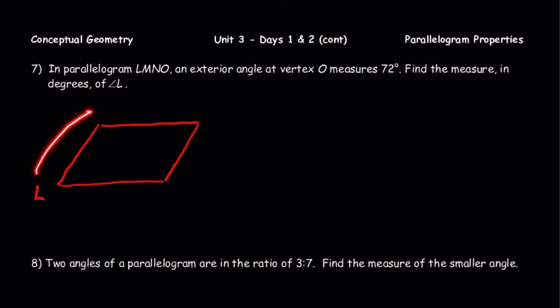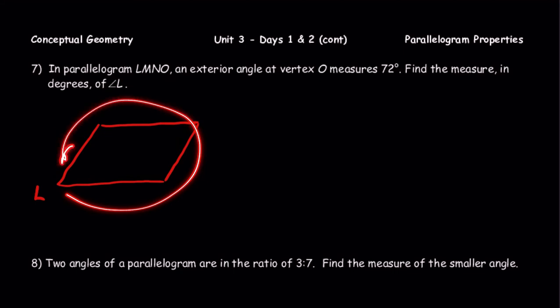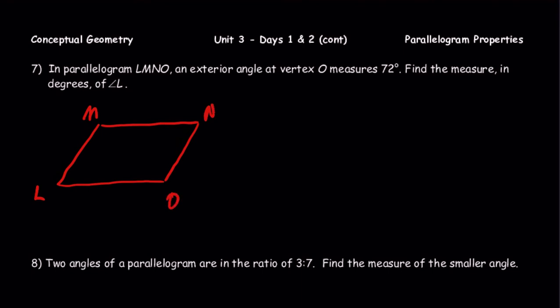I can go M, N, O, or I can go this way, L, M, N, O. What you can't do is left to right, or up and down. It has to be in a circle, all right? I know I'm taking a long time explaining this, but it's very important. So L, M, N, O.